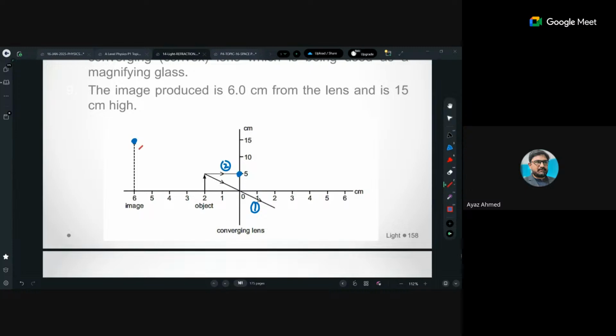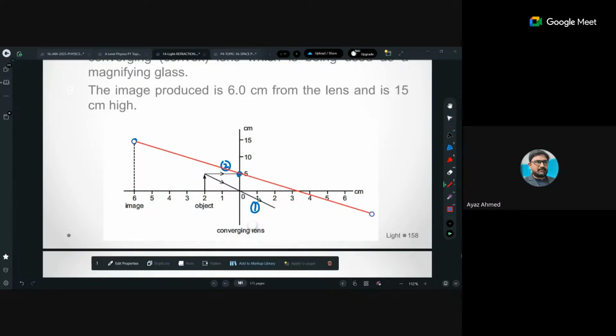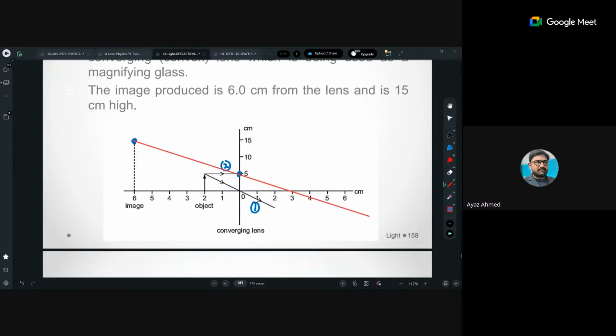For example, I am just joining this point and this point. From where is the ray passing through? 5 or 3? 3. The 3 point something. 3. Okay. And the ray that I am producing from here, I have joined these 2 points.